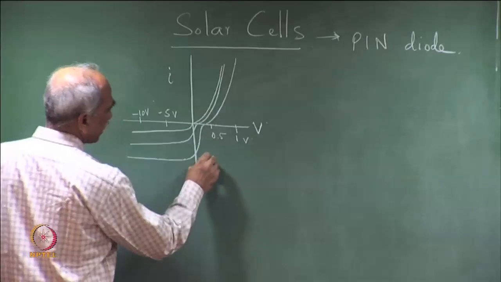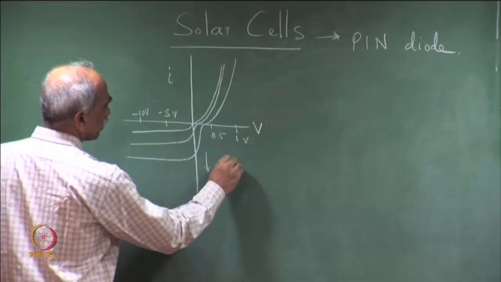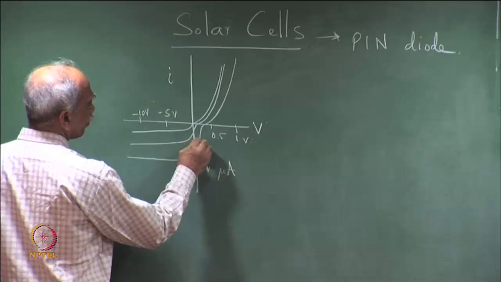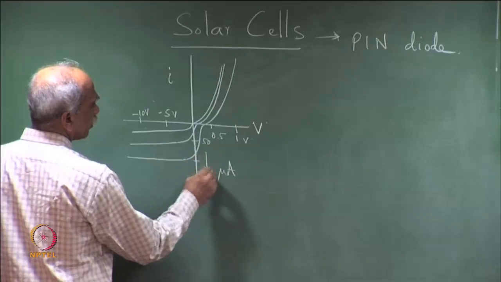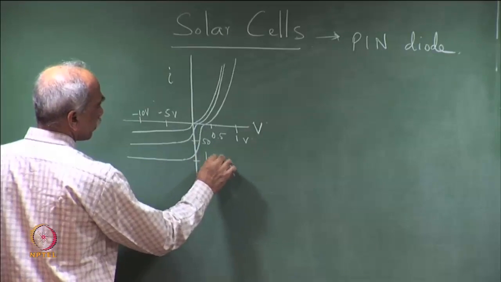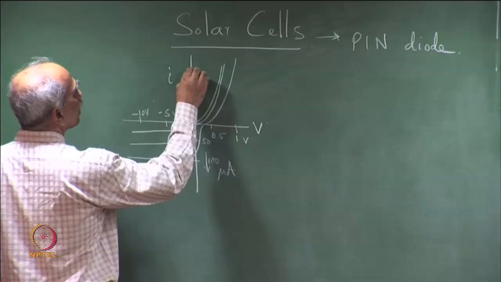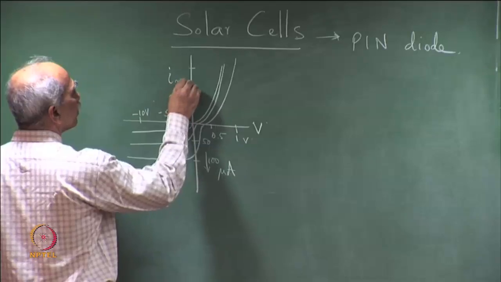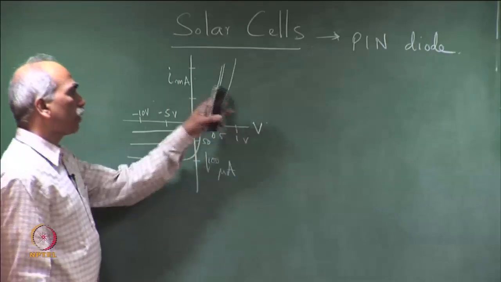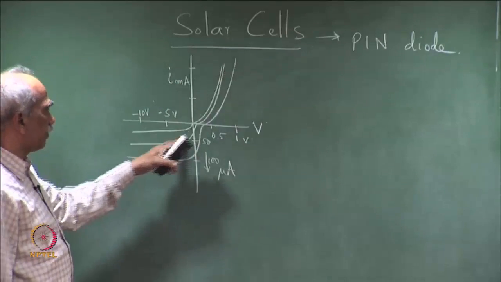Similarly, the current here is in microamperes, typically 50, 100 microamperes, and here the current is typically milliamperes, because this is the forward bias region and this is the reverse bias region.